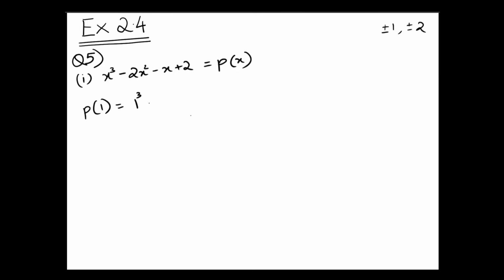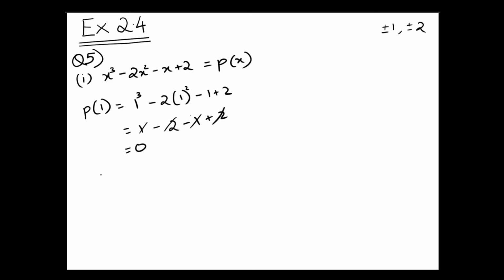P of plus 1 is 1 cube minus 2 into 1 square minus 1 plus 2. This gives me 1 minus 2 minus 1 plus 2. The terms cancel each other out, and I get p of 1 is equal to 0.